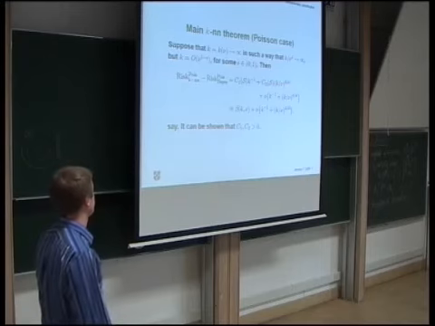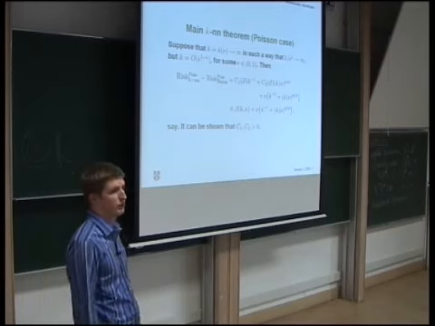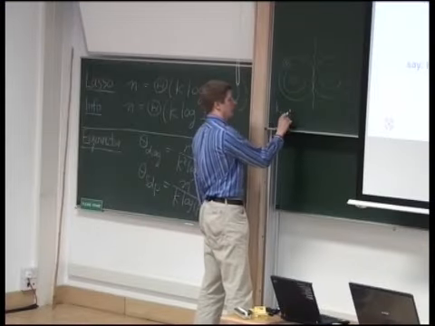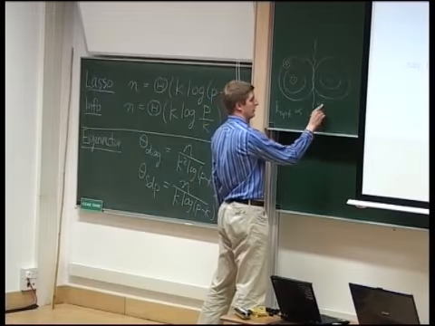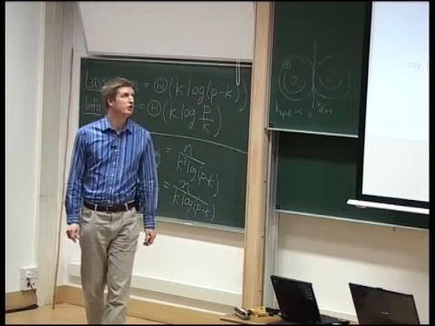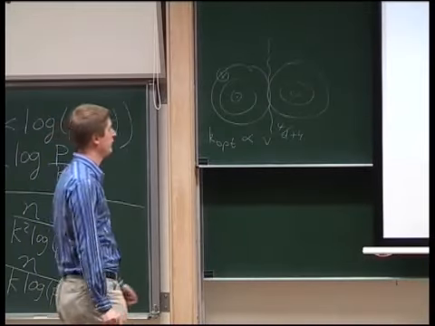And of course it leads to an asymptotically optimal choice of k. The optimal choice for k is proportional to nu to the 4 over d plus 4.